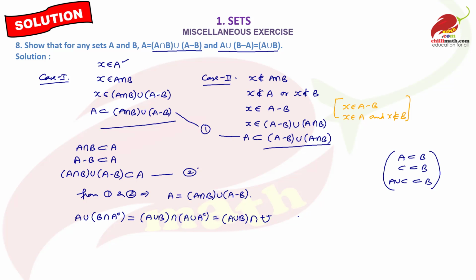We mention here what we have written here, U is the universal set. (A union B) intersection universal set is A union B. That is your result, that is the right hand side. We started with the left hand side and we proved it equal to the right hand side. So this is your answer.